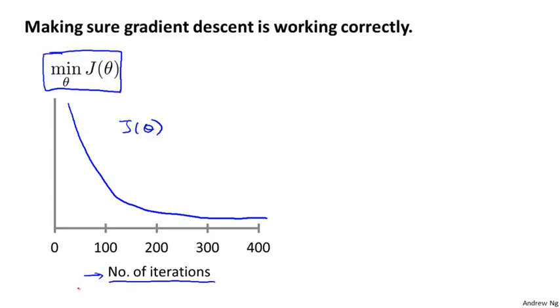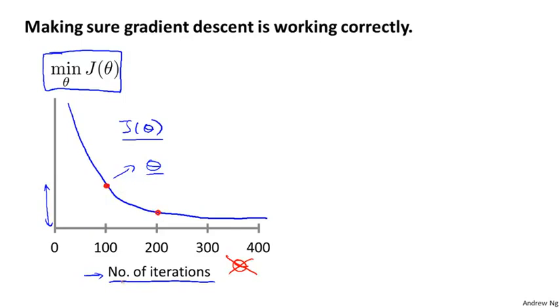Previously, we were looking at plots of j of theta where the horizontal axis was the parameter vector theta. But this is not what this is. Concretely, what this point is: I'm going to run gradient descent for 100 iterations, and whatever value I get for theta after 100 iterations, I'm going to evaluate the cost function j of theta for that value, and this vertical height is the value of j of theta for the theta I got after 100 iterations of gradient descent.